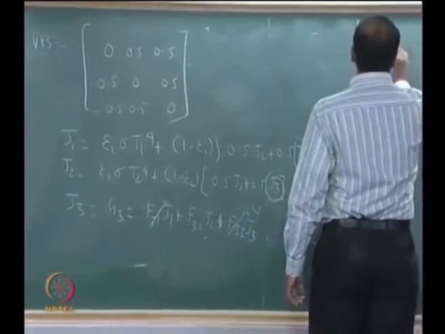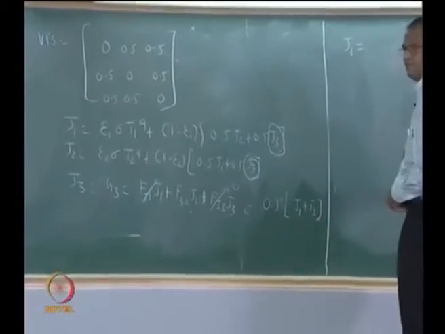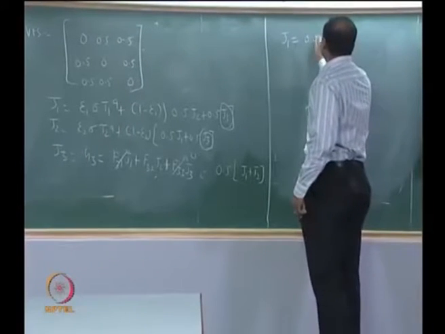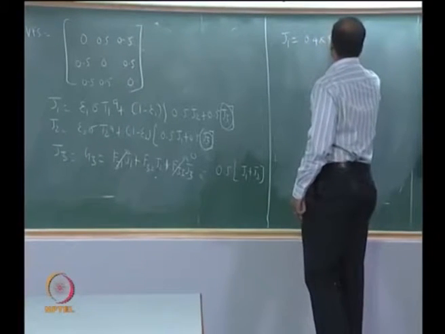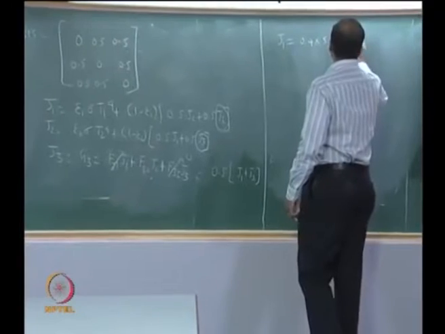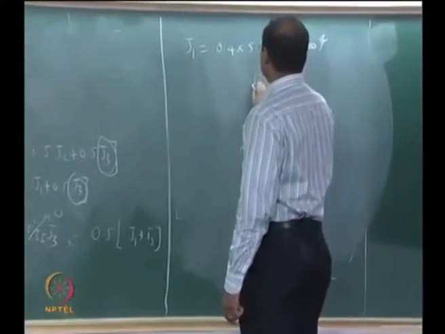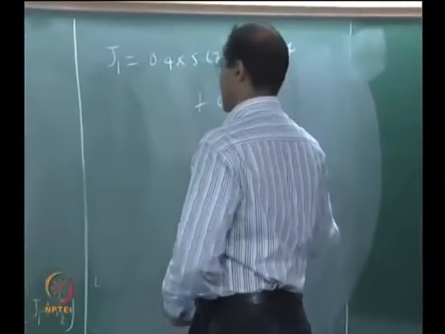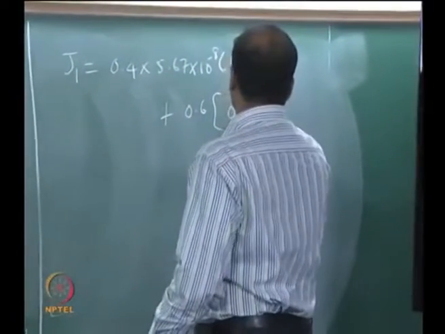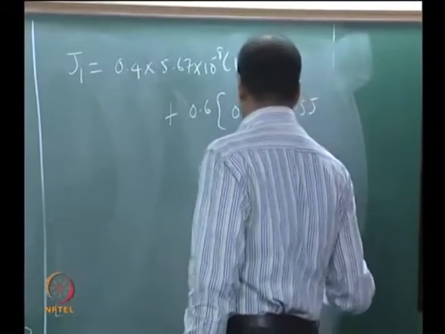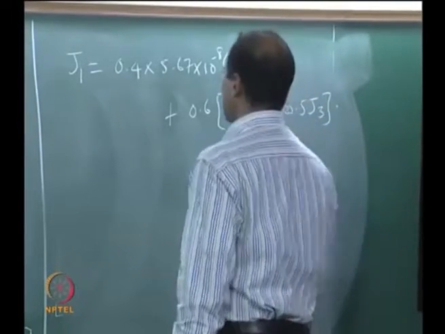J1, can you tell me the first term? Epsilon 1 is 0.4, plus... what is this?